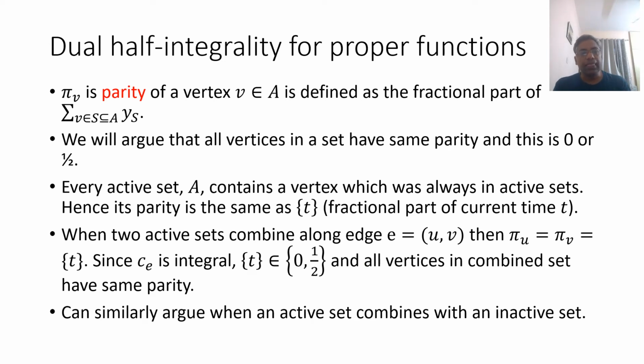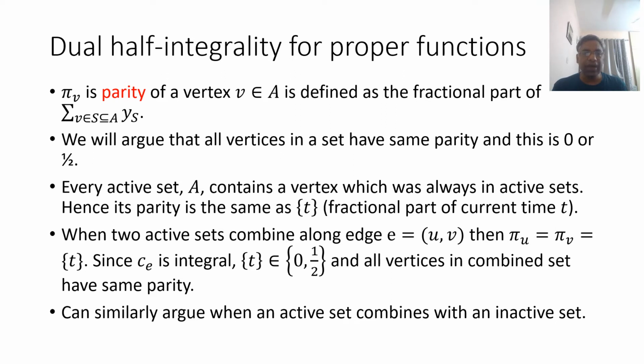So let's quickly say, in one slide, why the Goemans-Williamson algorithm for proper functions gives a half-integral dual solution. There are many ways of proving this, and here is a way of doing it, which we will then be extending later.